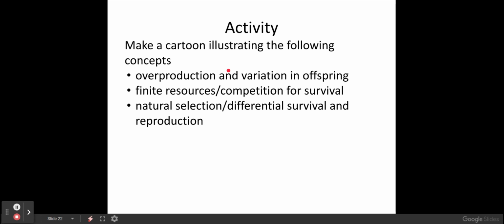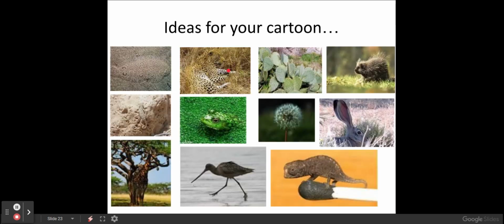But what I'd like you to do is try to illustrate the following concepts with a picture: overproduction and variation in offspring, some sort of limited, finite resource, competition for survival, and then showing how natural selection influences that reproduction. Here are some ideas. You might think about how these traits evolved in that population. What selective agent was acting on that population to give you the results that you get?